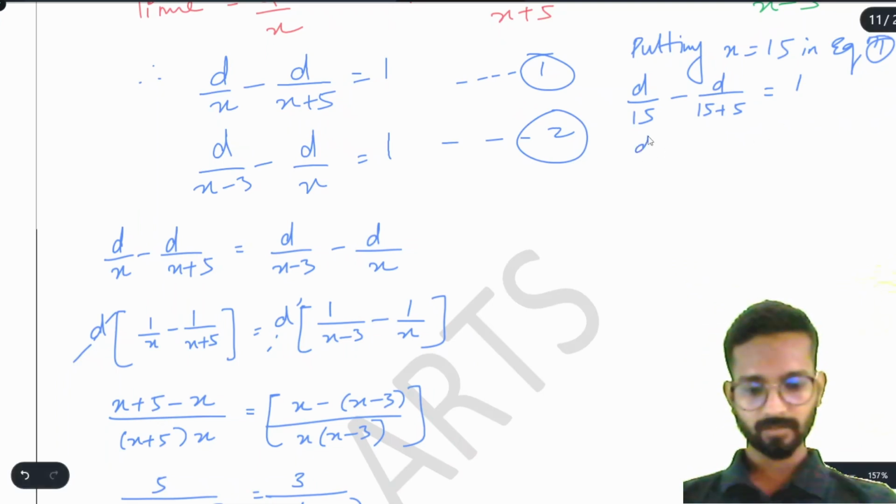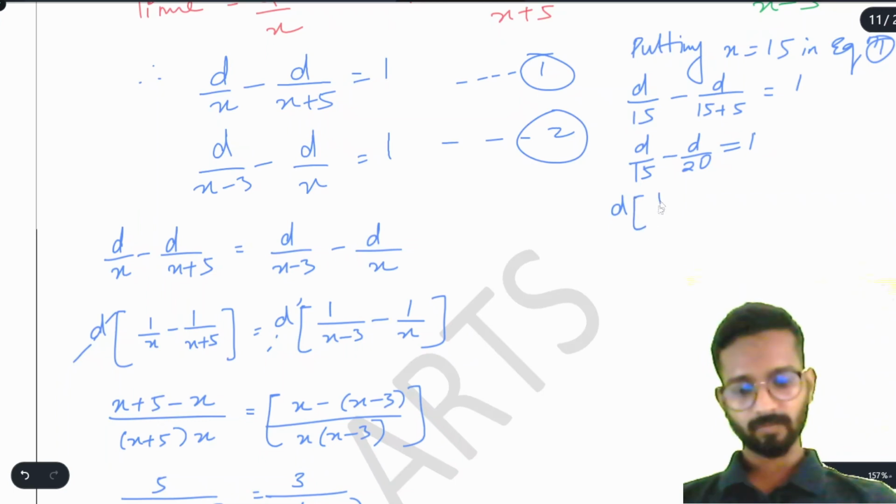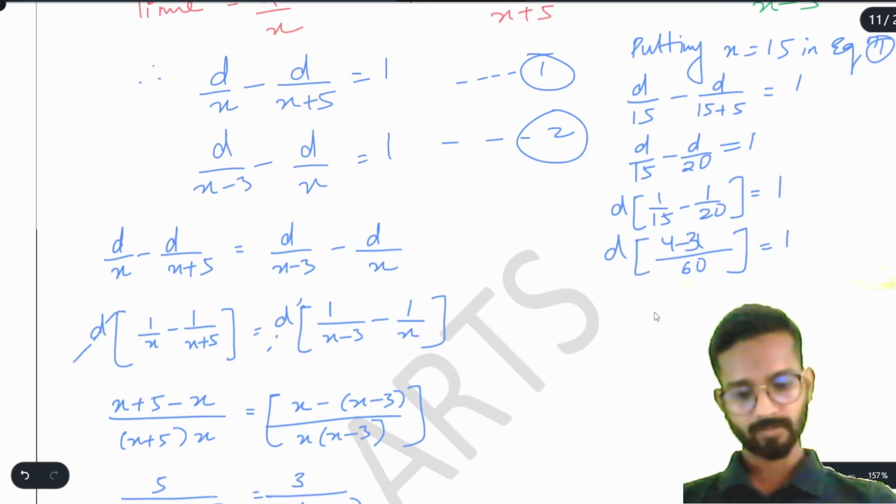So it will be d by 15 minus d by 20. Taking d common, 1 by 15 minus 1 by 20. So you can say it is equal to 4 minus 3 over 60, d of 1 by 60.